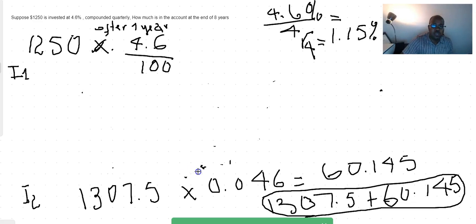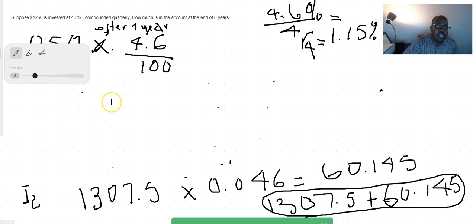Okay, so understand the logic. Let's try to have a better idea. I have my initial capital. Excuse me, let me erase this. So now I have my initial capital.